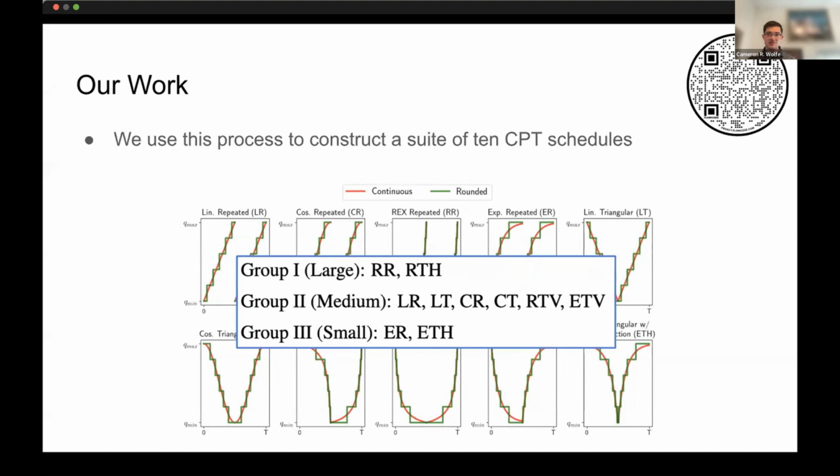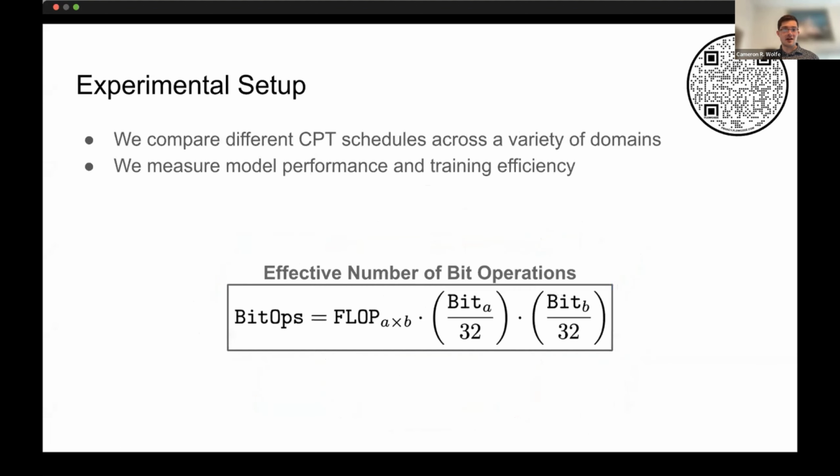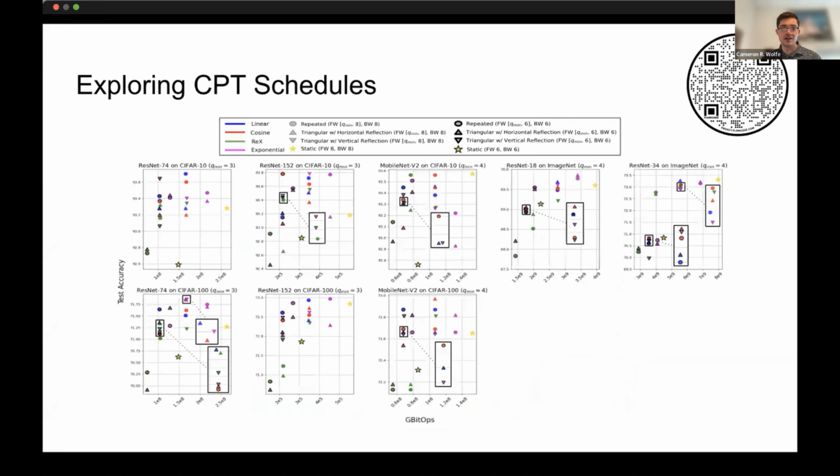So precision scheduling is pretty interesting in that it impacts the network's performance, but also the type of schedule that we choose will dictate how much compute savings that we get. So we divide them into a couple of groups based on their general level of compute savings that they'll provide. And what we get at the end of this is this super complicated figure here.